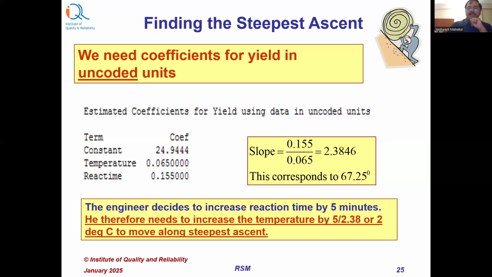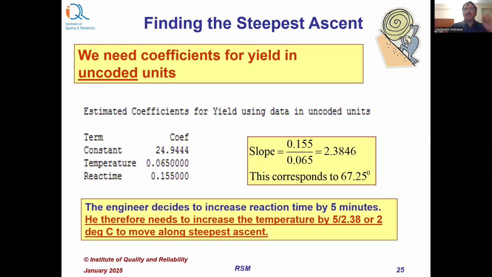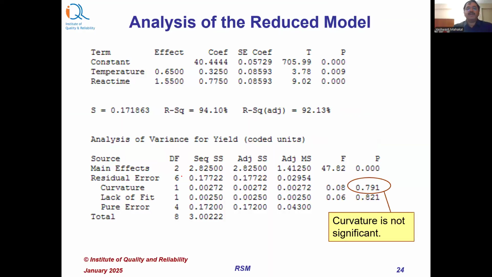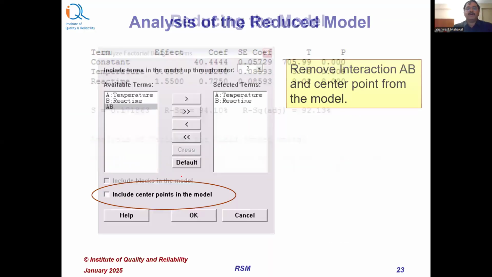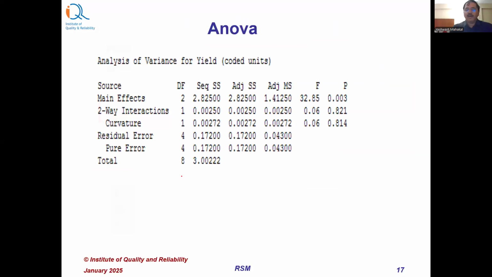We need coefficients for yield in uncoded units. Now here, the coefficients for the yield for uncoded units are like this. And from where did we get this? We got this from the equation that we got here. Equation for the uncoded, no, not here.